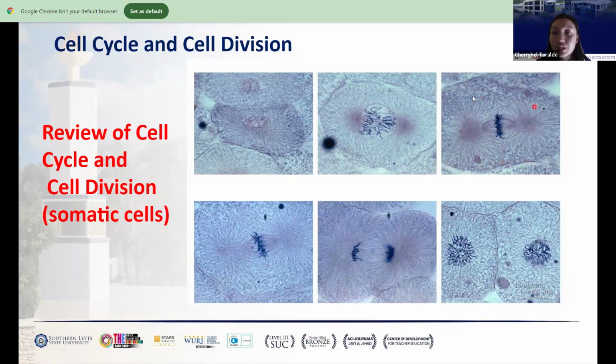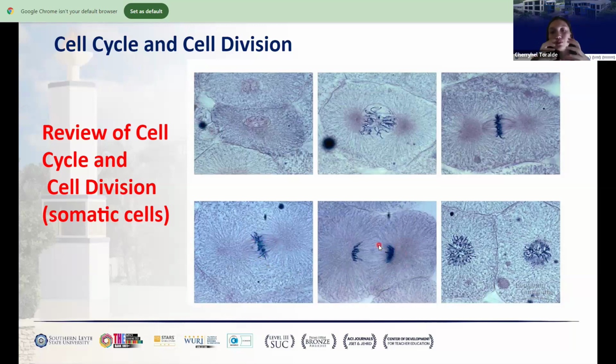While here in this third picture, it's now in the metaphase stage because all the chromosomes have been moved to the center plate, which is called the metaphase plate. And then, when the sister chromatids will be separated, that is what we call the anaphase.